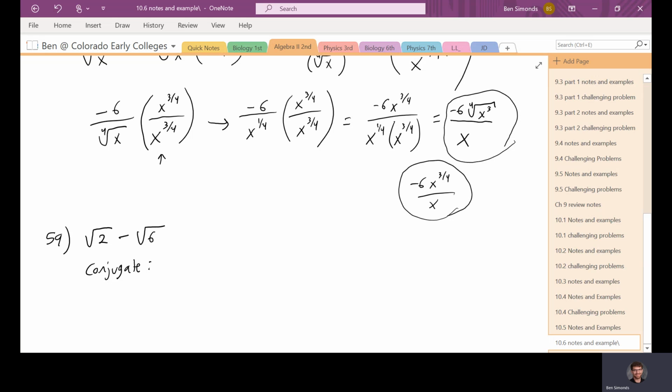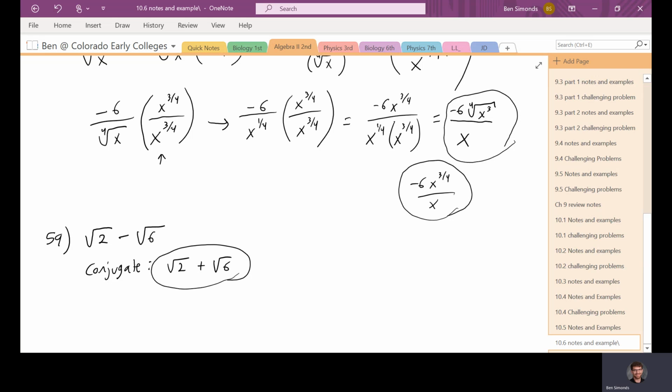So the conjugate would simply be square root of 2 plus square root of 6. When you have some sort of expression added or subtracted, the conjugate is the same thing, but flip the plus to a minus or minus to a plus. So that's what conjugate means.